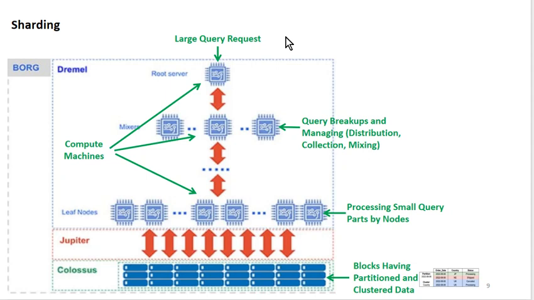If you fire a large query which has to return a huge amount of data, there will be one root server. This happens in BigQuery automatically.